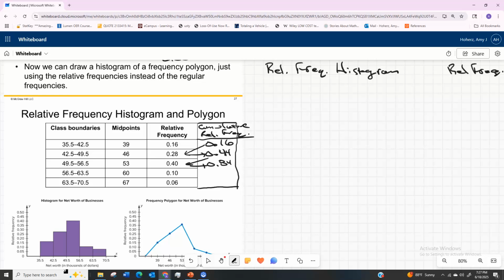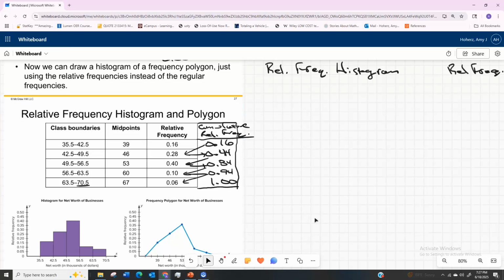And then we're going to add the 0.84 to 0.10 to get 0.94. And then we're going to add 0.06 to get 1.00. So you're saying 100% of the data, or all of the data, the entire whole, is 75.5 or less.